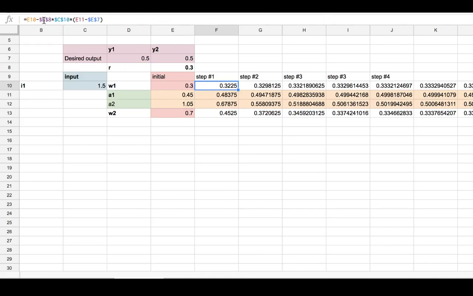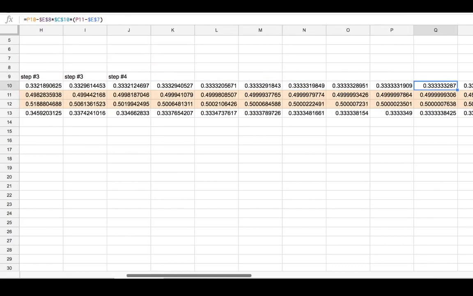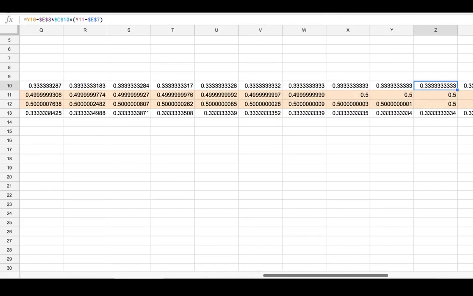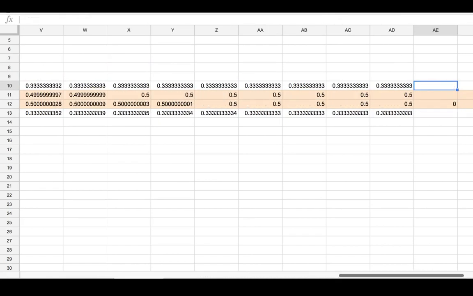So we take the current weight minus the learning rate times the input activation times the output minus the desired output. And we do that for weight 1 and weight 2 separately, and type in a bunch of iterations until we start getting to where we want to be.